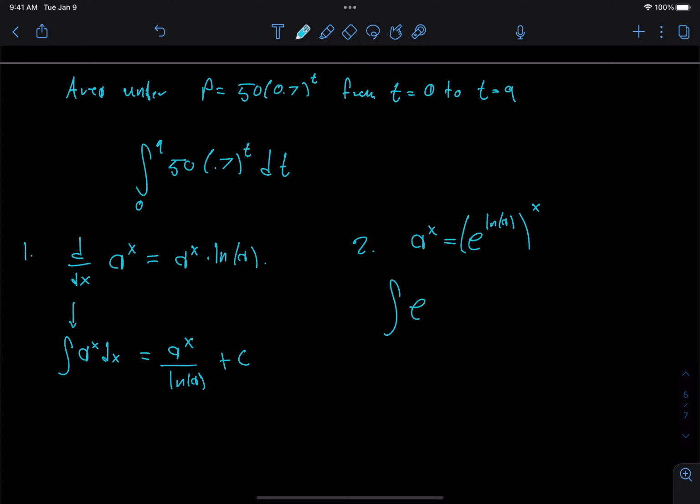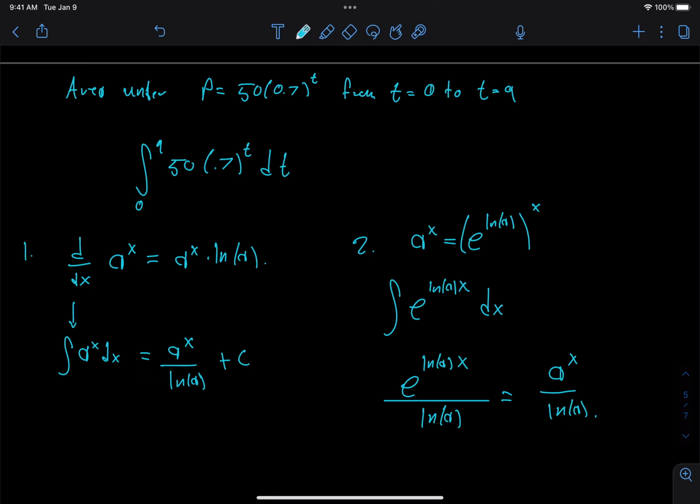If we multiply these two powers together we get e to the ln of a times x, then we can use the e to the kx rule to find this antiderivative, which will just be e to the ln of a x times 1 divided by ln of a, right? So divided by ln of a, and this can also be rewritten as a to the x over ln of a. So two different perspectives on finding this antiderivative.